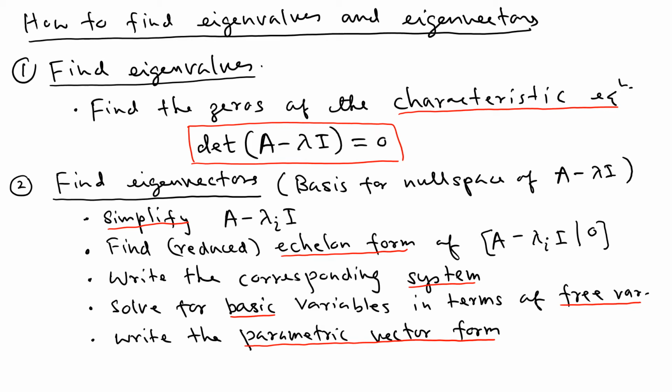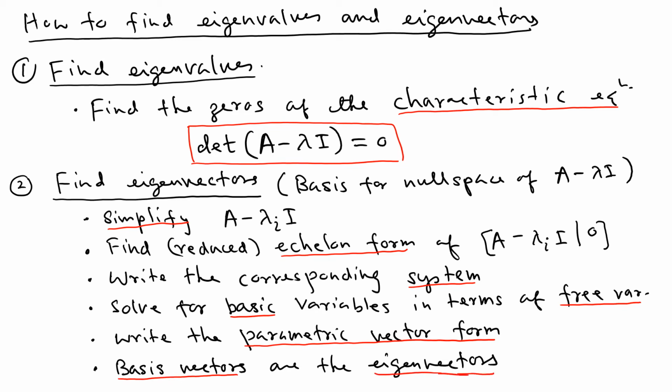Once you write the parametric vector form, those vectors are the basis vectors, and the basis vectors are the eigenvectors. So those are the 6 steps.